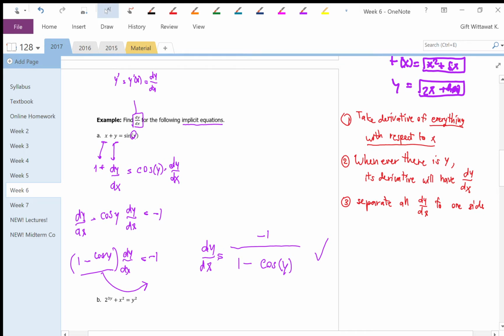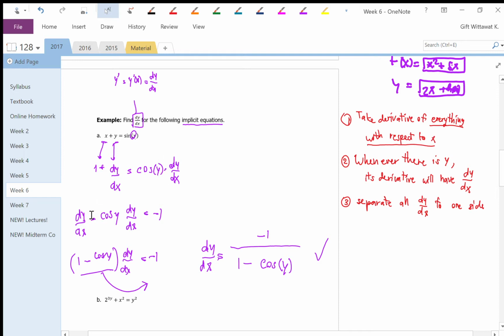So once again, the steps for finding the derivative of an implicit function are this. You do it step by step. Step 1, you take the derivative of the whole function with respect to x. Then whenever there is a y, keep in mind that the derivative is going to have to involve dy by dx, like what I have here and here.